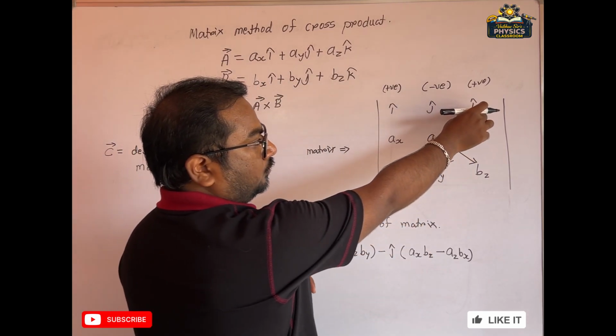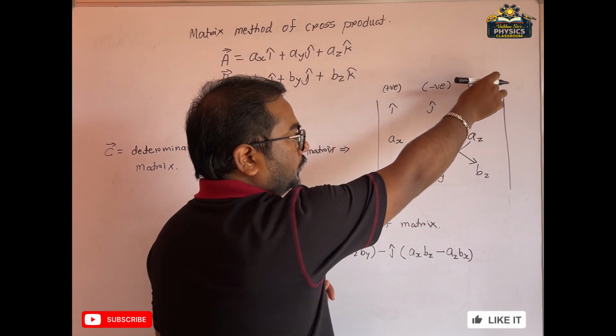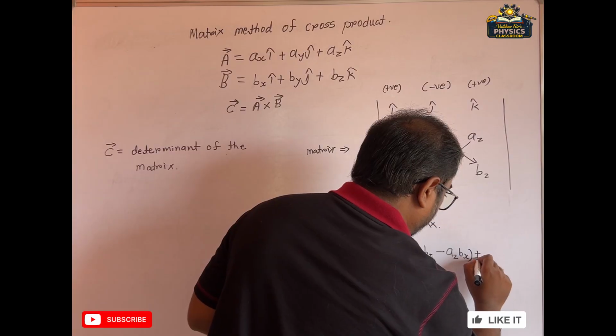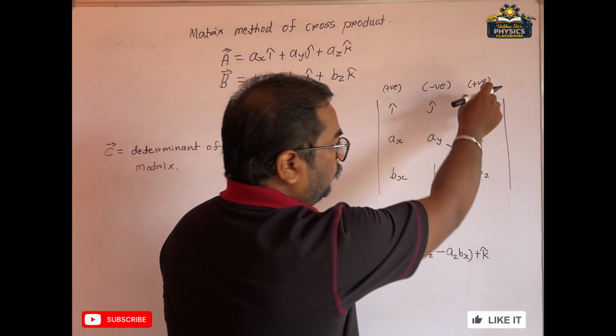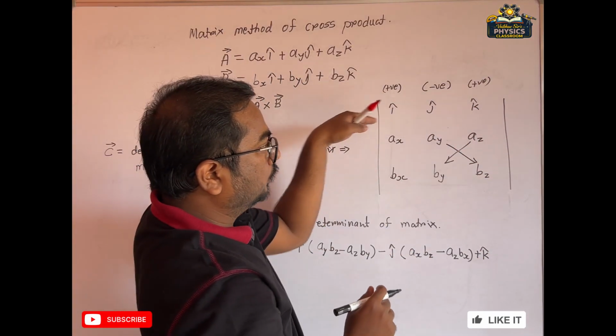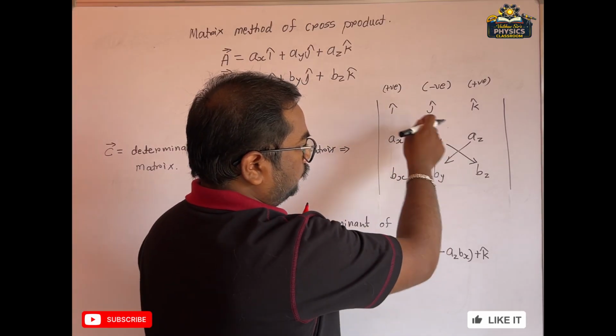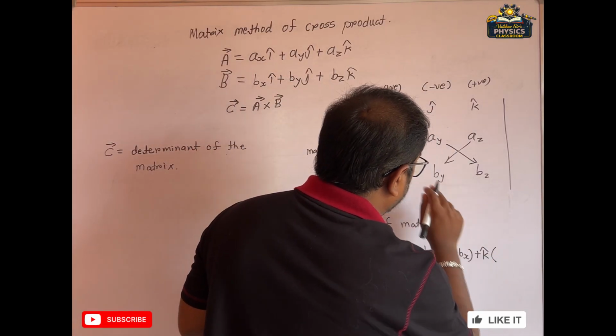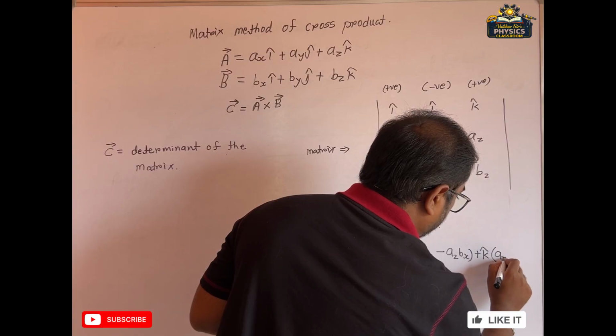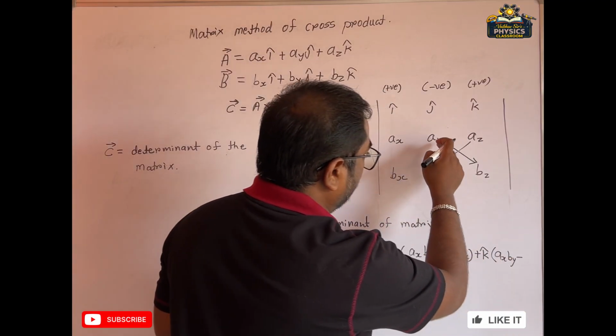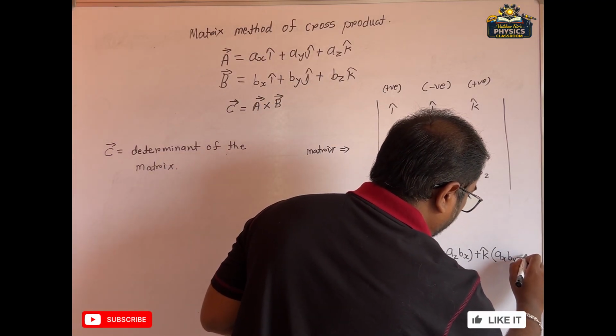Again the k column will be positive, so I'm taking the positive k. Again we leave the column and row and take these four values: ax multiply by minus ay multiply bx.